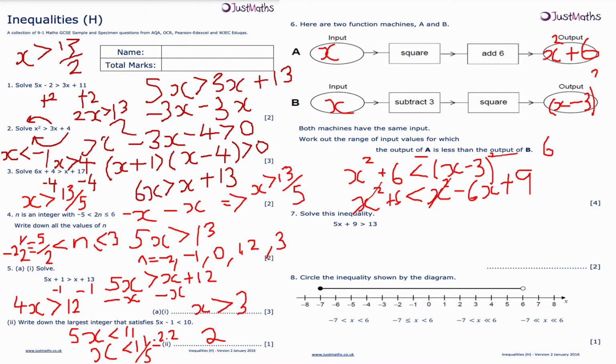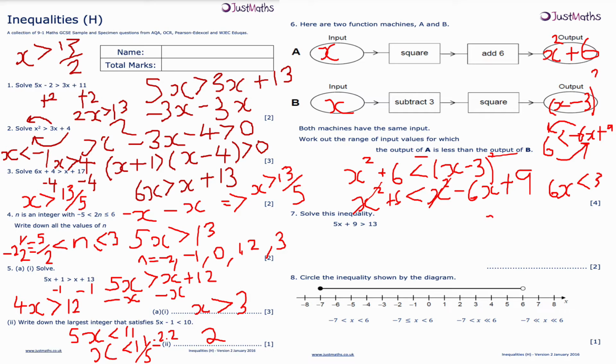So I get 6 is less than minus 6x plus 9. I'm going to add 6x to this side, and then I'm going to bring this 6 over. So I get 6x is less than 9 take away 6, which is 3. Okay, so 6x is less than 3.